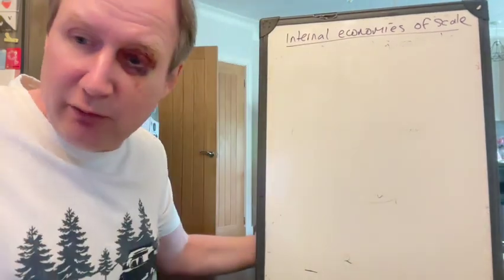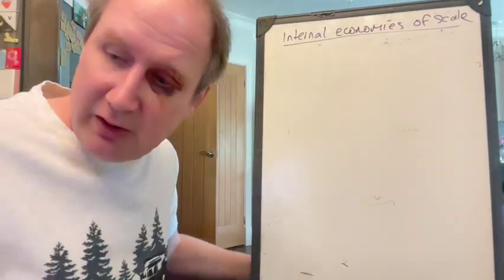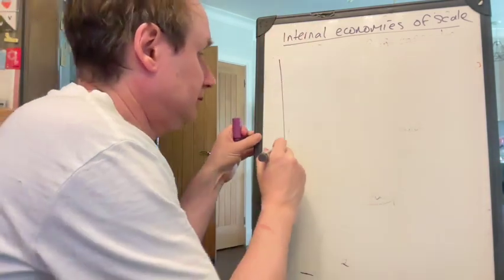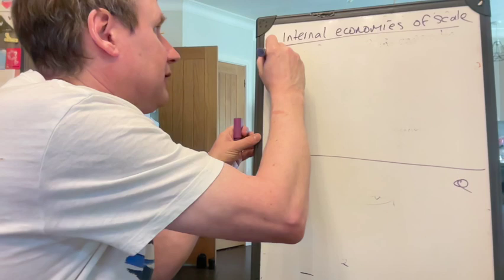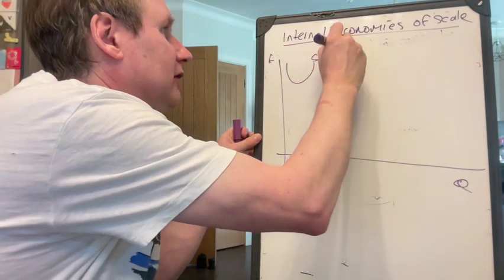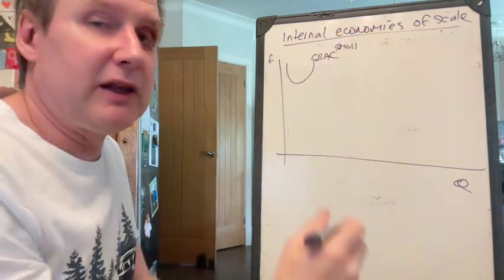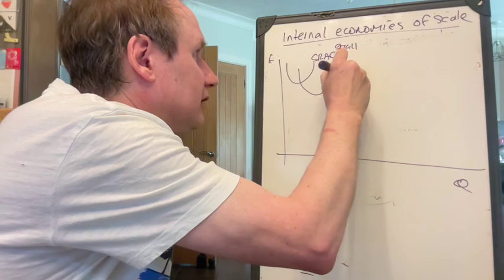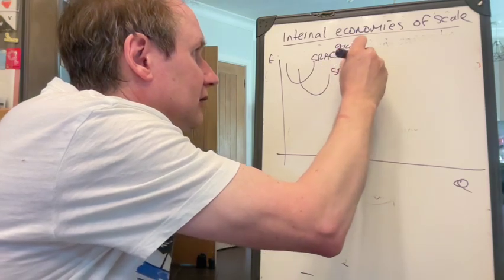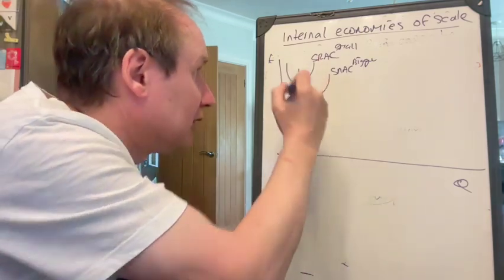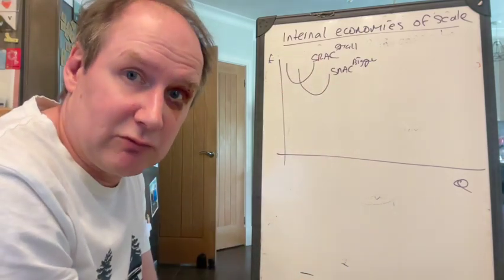Where are we? What we've got is output and costs. There's the firm when it's initially very small. Then it expands, it gets economies of scale, as a result of which it gets bigger and its lowest cost gets lower.